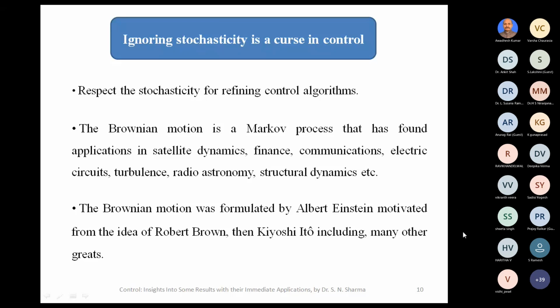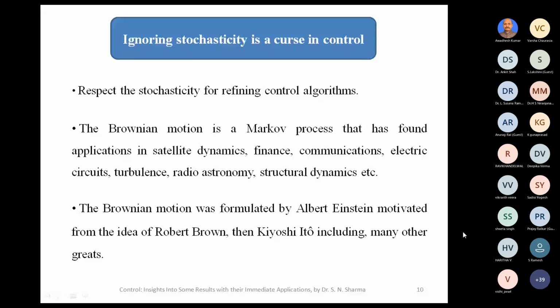There is another class, that is stochasticity, turbulence. How to handle this? The control we have discussed does not talk about handling turbulence in control problems. That can be handled, but certain formulations are required and different mathematics is used. That is Brownian motion.